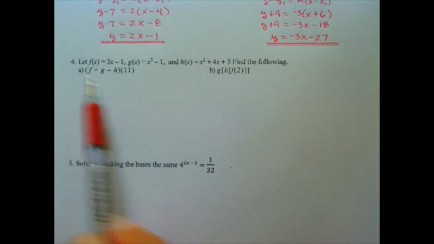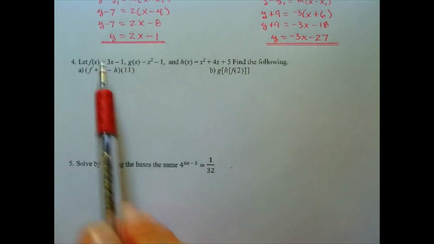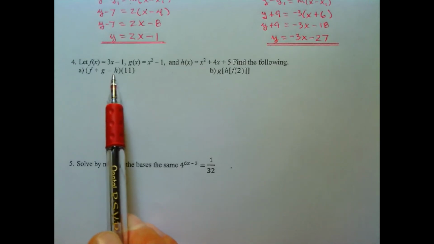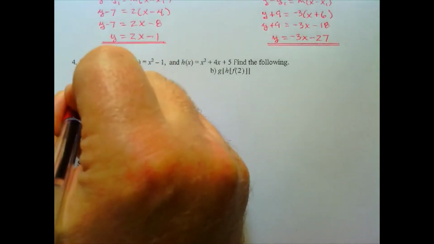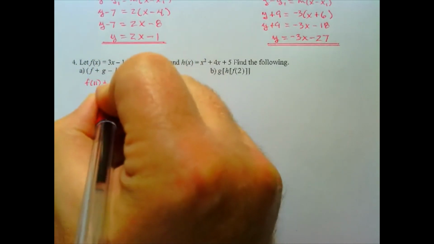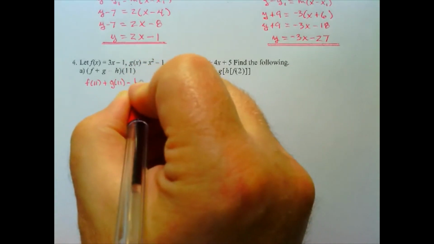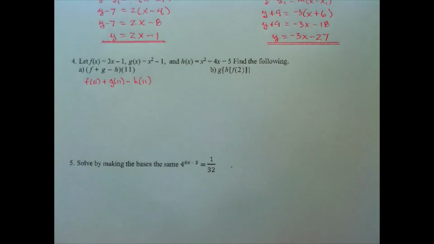So in this case, this is kind of a shorthand. Instead of having to write everything out, we have f plus g subtract h of 11, and so really this is going to be f of 11 plus g of 11 subtract h of 11. It's just a shorthand instead of having to write all of that out.